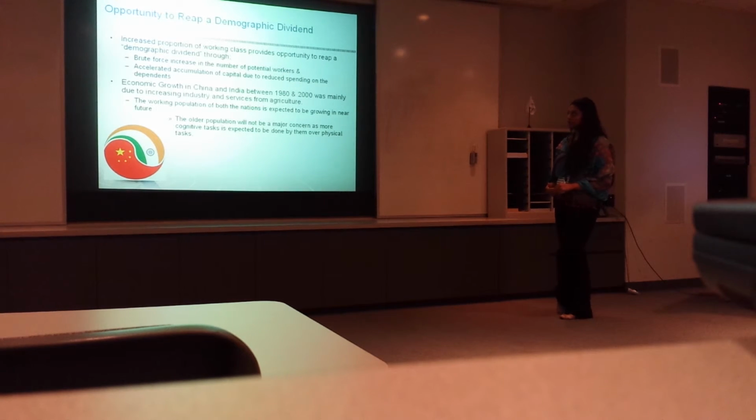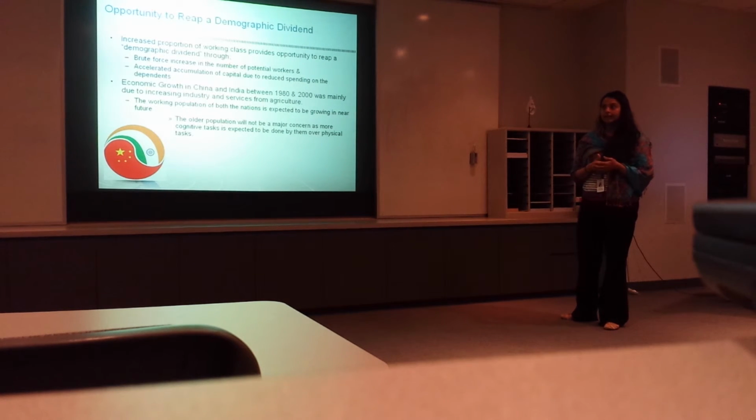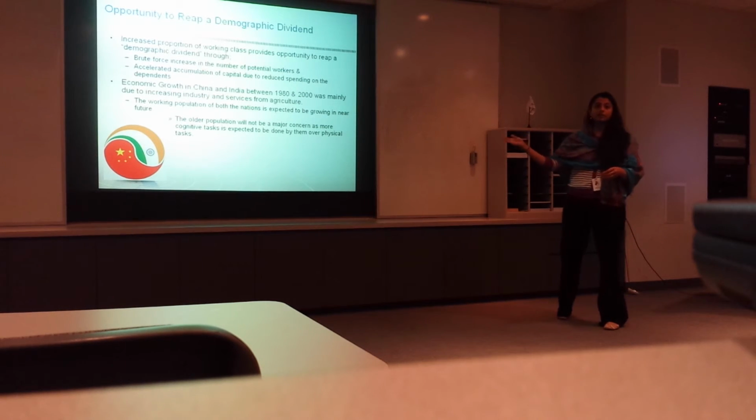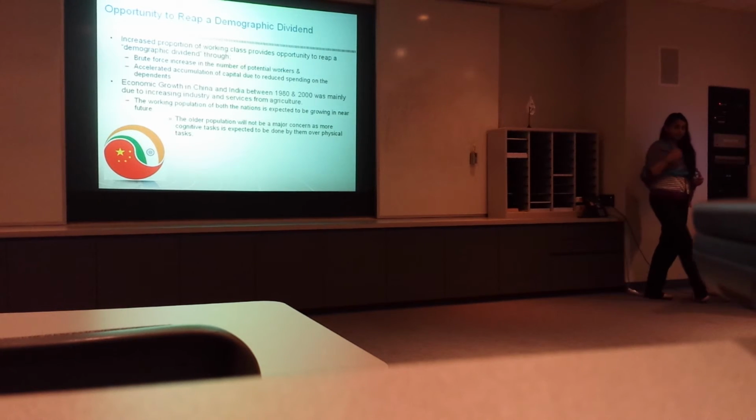The working population of both of these nations is expected to keep growing in the near future, which is definitely a plus. Secondly, the older population in both countries is not going to be very dependent because they're expected to do more cognitive tasks rather than physical tasks, so they won't be a burden on the working age population.